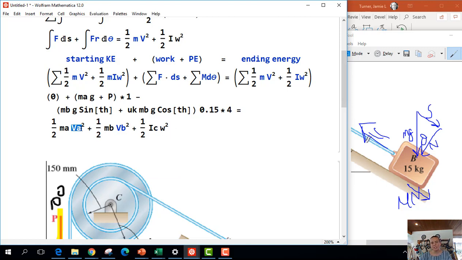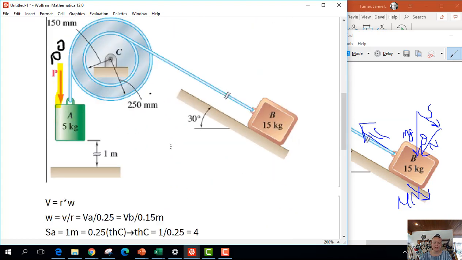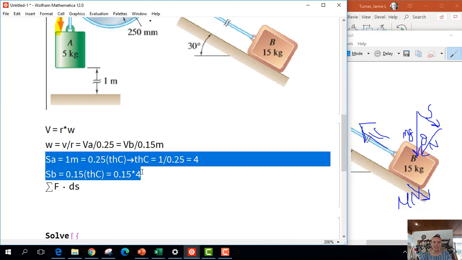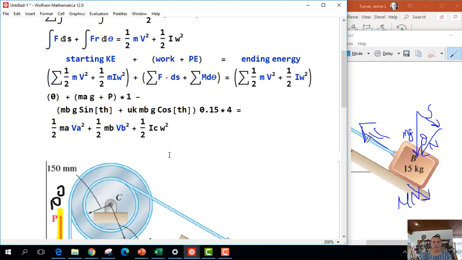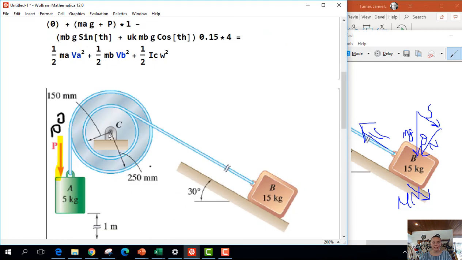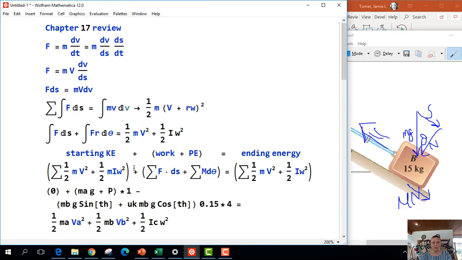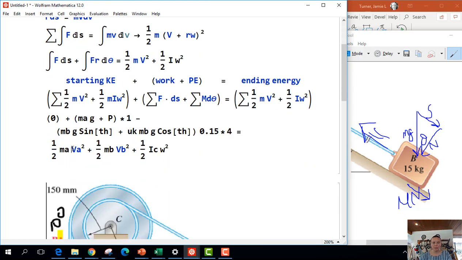Now, rather than having 3 different unknowns, velocity of A, velocity of B, and omega, let's relate those through kinematics to one another, so we end up with only one unknown in this equation. Just like we related distances, we can also relate velocities. So we know the velocity of A is equal to the radius at A times omega, right? So let's do a couple of substitutions in here.